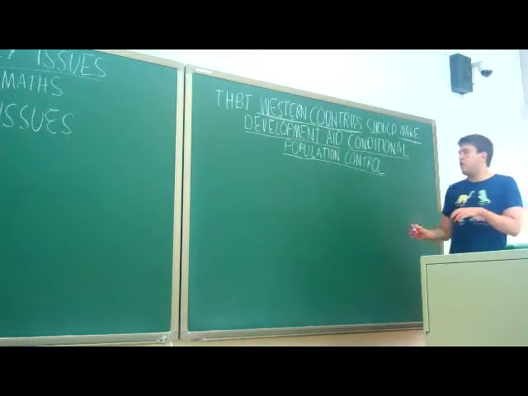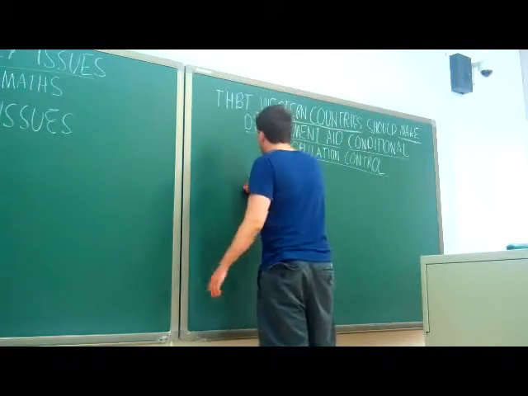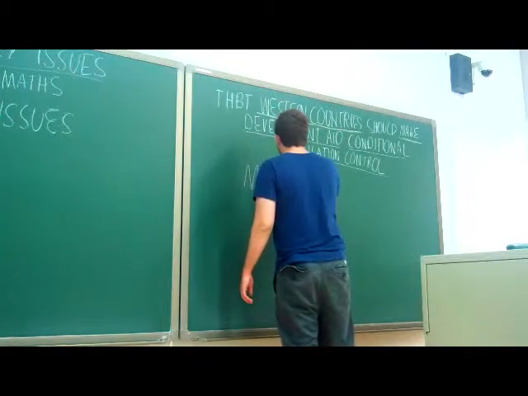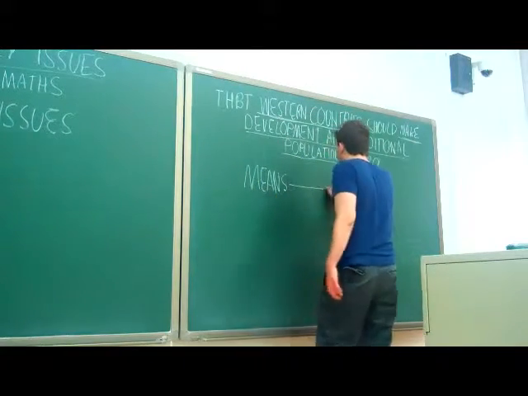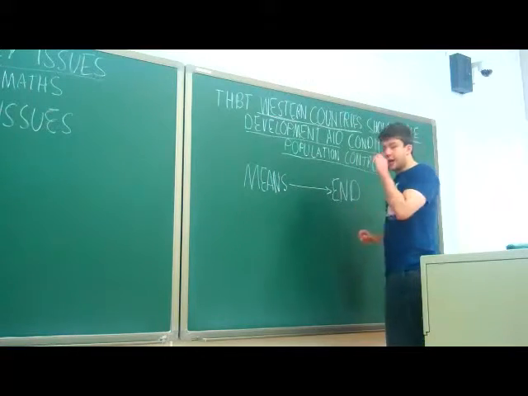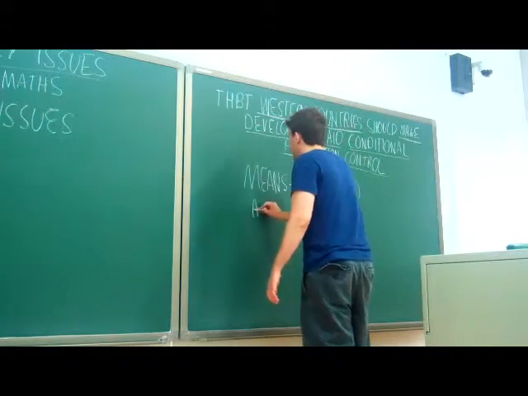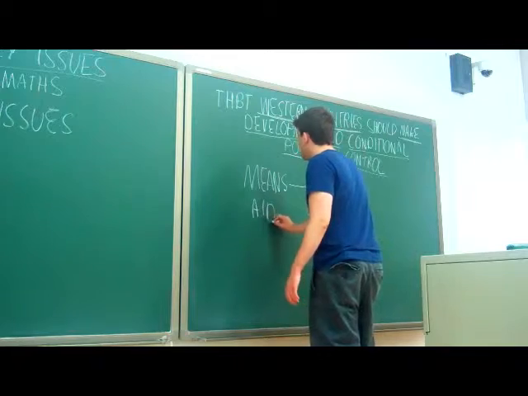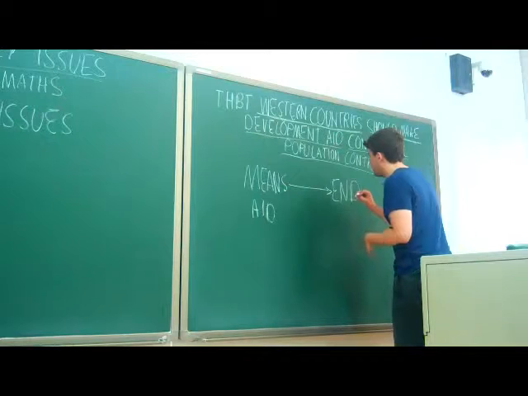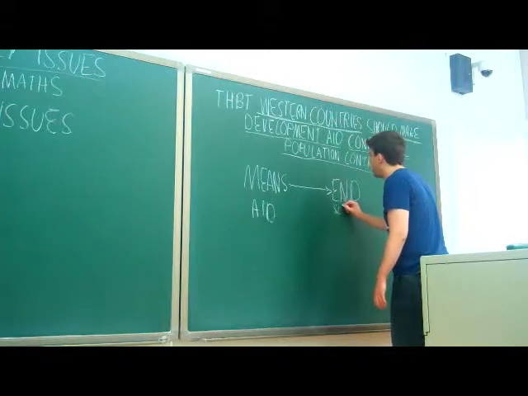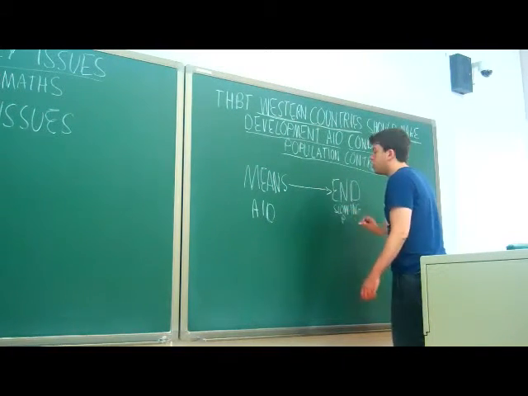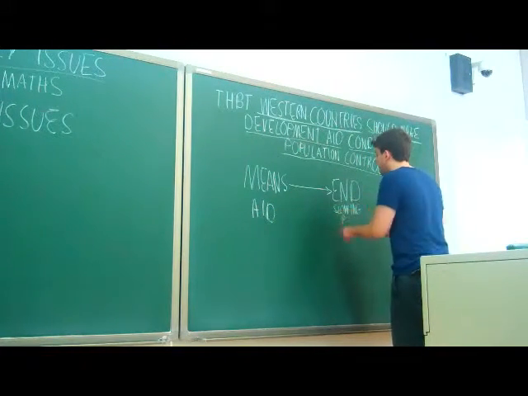We sometimes say that the first thing is the means, and it's the means to an end. So the means here is aid, and the end is slowing the population growth. And we are basically using this to do this.